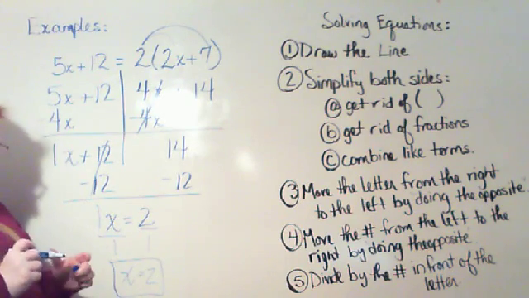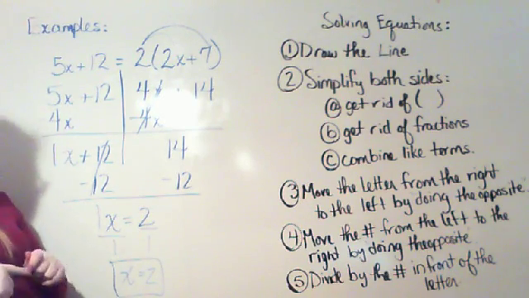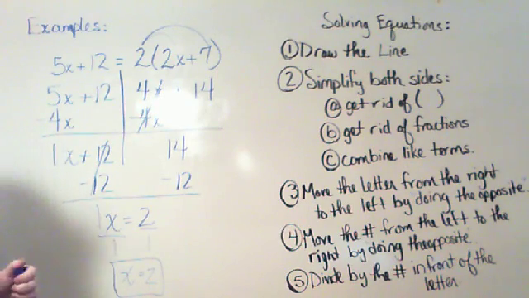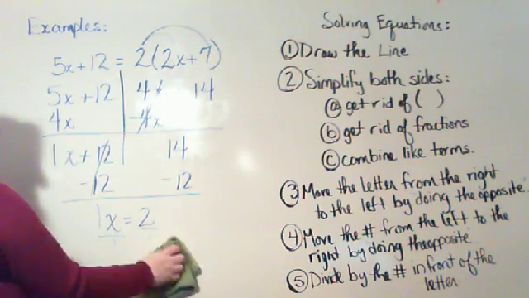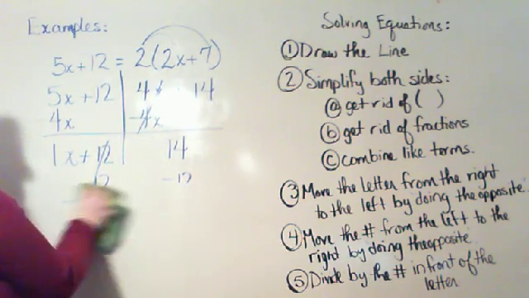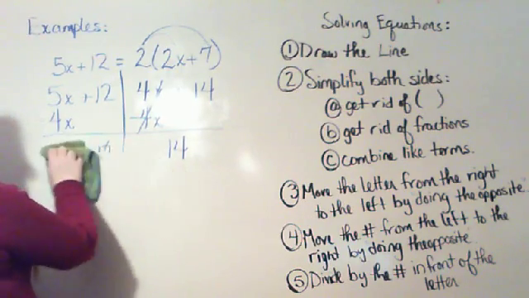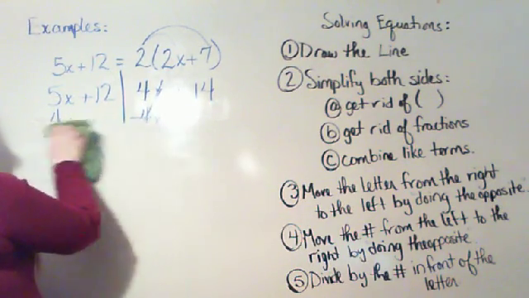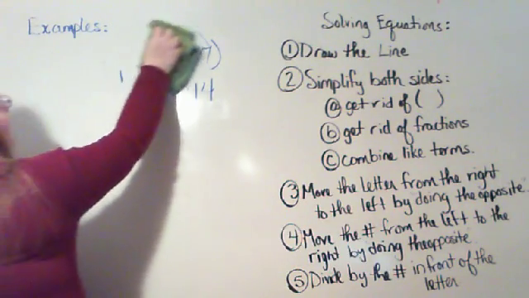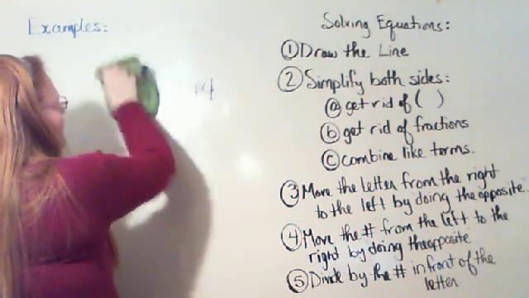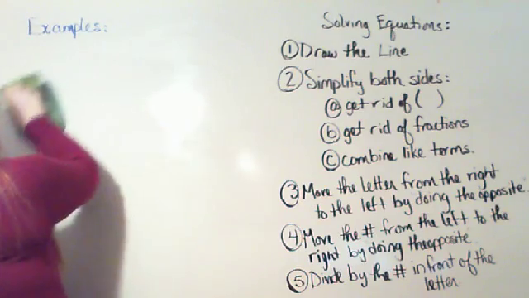Okay, so now that you have done all that, I want you to try 3 problems by yourself. And your mommy is going to have the answers to these 3 problems.